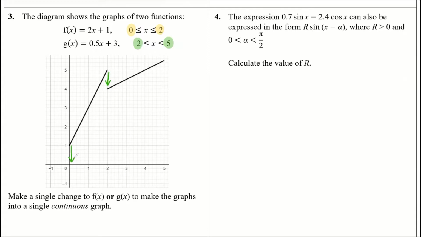Then I would create what we call a piecewise continuous function, because what you would get is a straight line with the same gradient, of course, of 2, which would join up. I'll just get rid of that arrow, it's just blocking the view. It would join up to the function g, and the whole thing is defined as a piecewise continuous function. So that's one thing you can do.